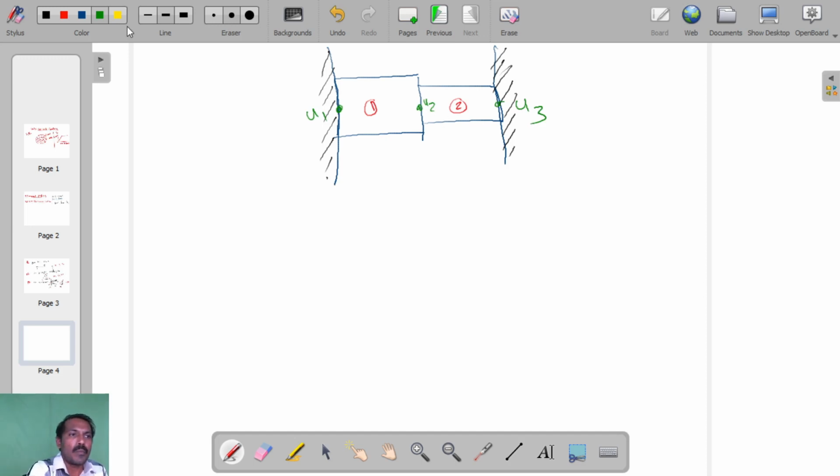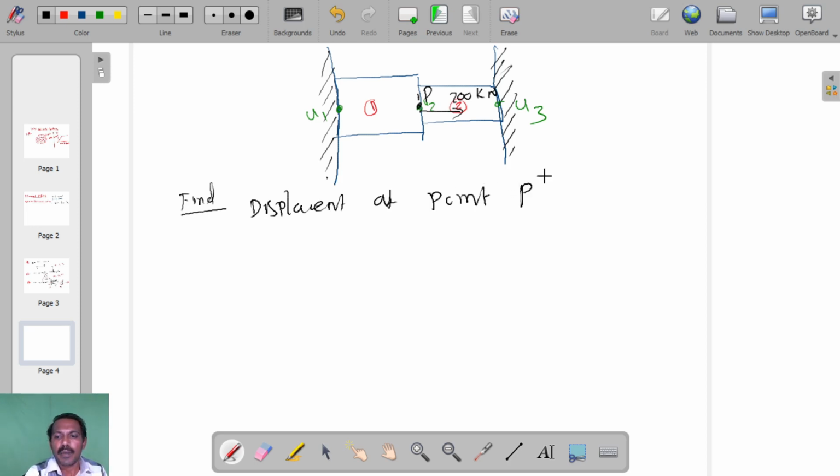Next, one axial load of 200 kilonewtons is acting at point B. We have to find the displacement at point B, that is u2.